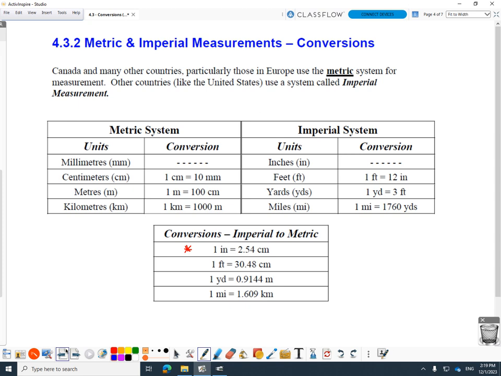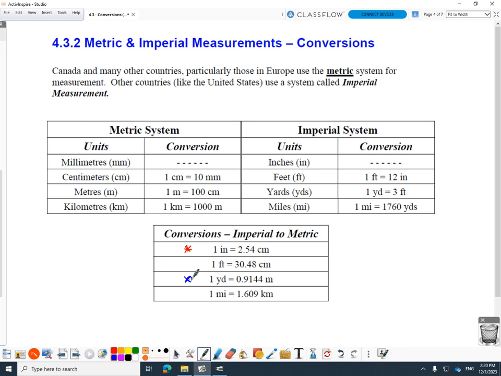A yard is a bigger one. We know 3 feet is a yard. So there's a yard in a meter, and we know 3 feet is equal to 1 yard. Maybe we could use that. Let's get it to yards first.